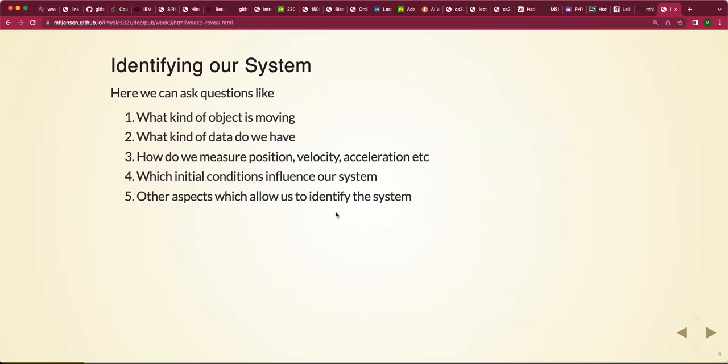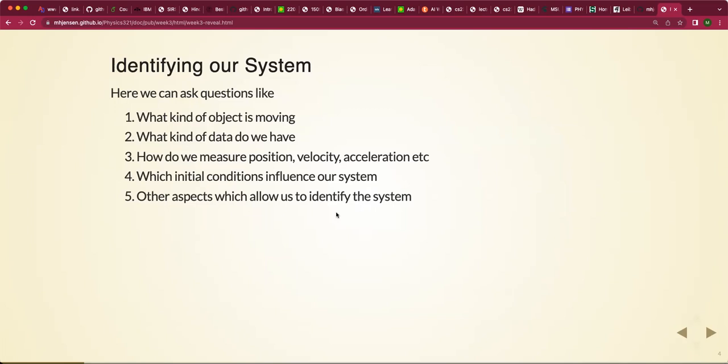That means that when you have a ball, we leave out internal forces between the atoms and the molecules in the ball. So the ball is to be considered as a point object. When we write a program about the solar system, all the planets are going to be treated as point objects. So that's one of the basic approximations which we make here.